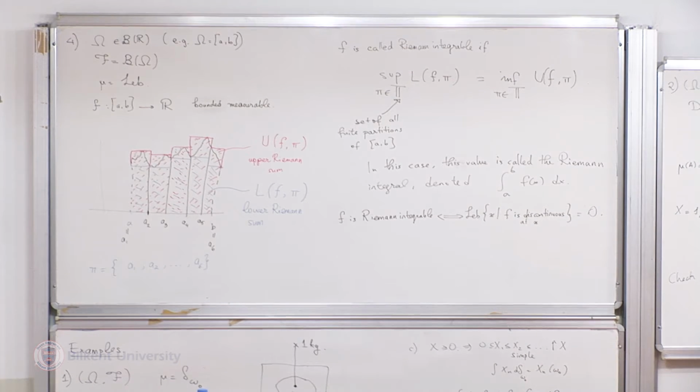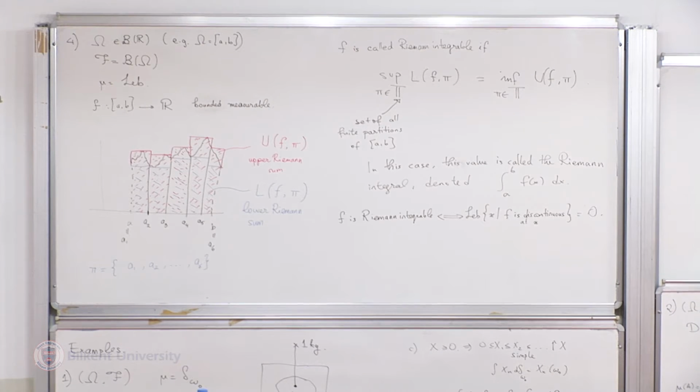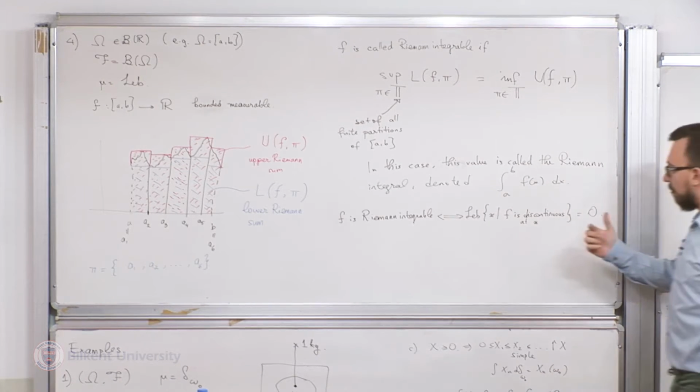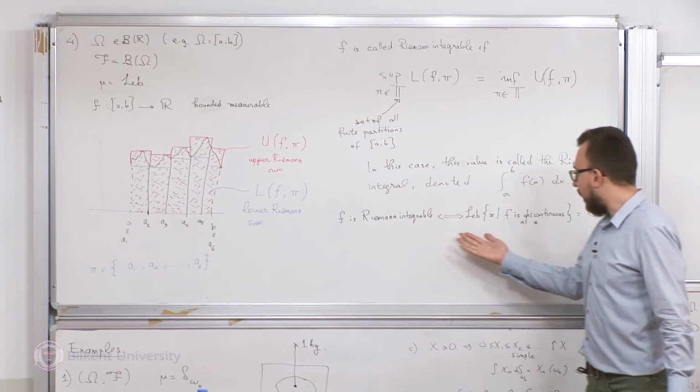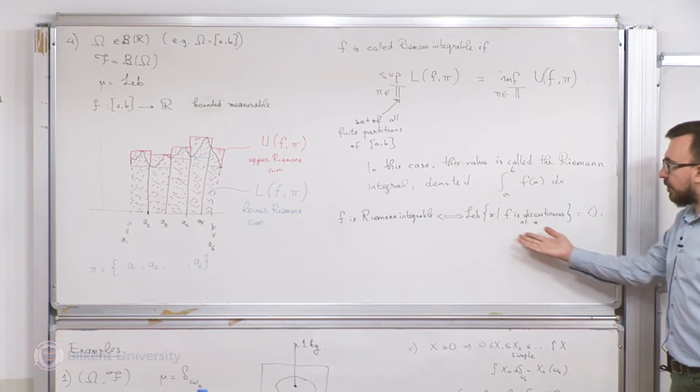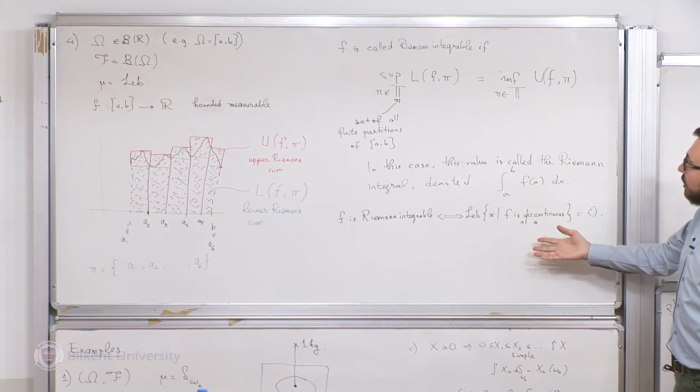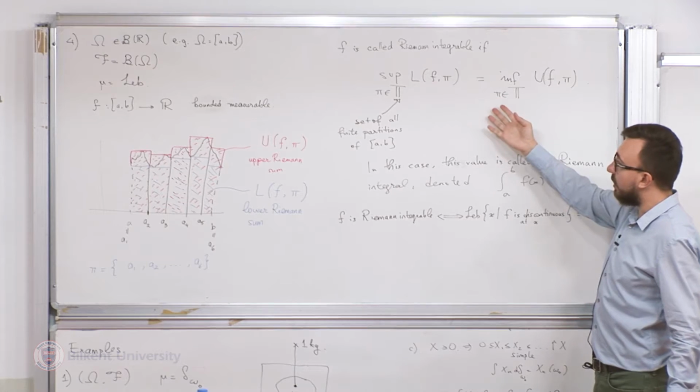Of course, we're not going to prove it, but that's a very nice characterization of Riemann integrability. So apparently there is some connection between Riemann integral and the Lebesgue measure. And in fact, there is a connection between the Riemann integral and the Lebesgue integral.